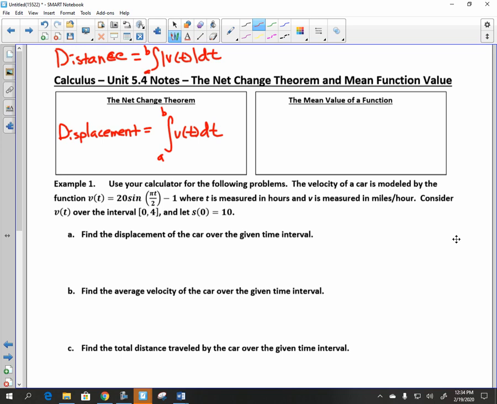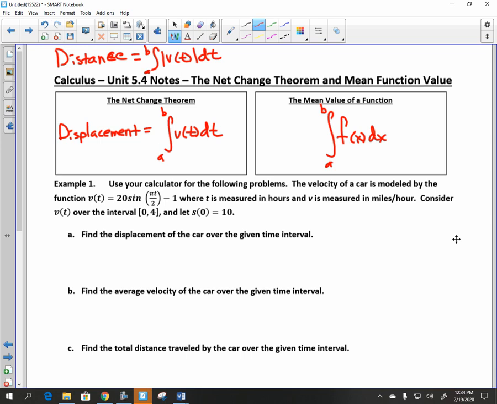Well, in calculus, the way we add stuff up is we do this integral. That's how we add up a bunch of stuff, right? Isn't that how we added up an infinite number of rectangles?